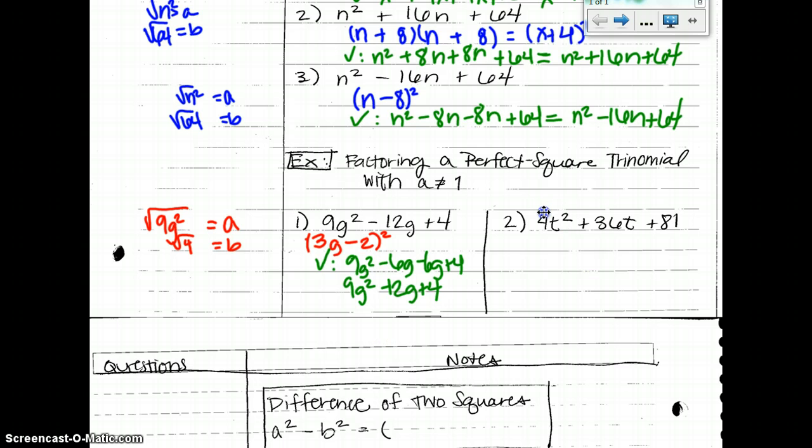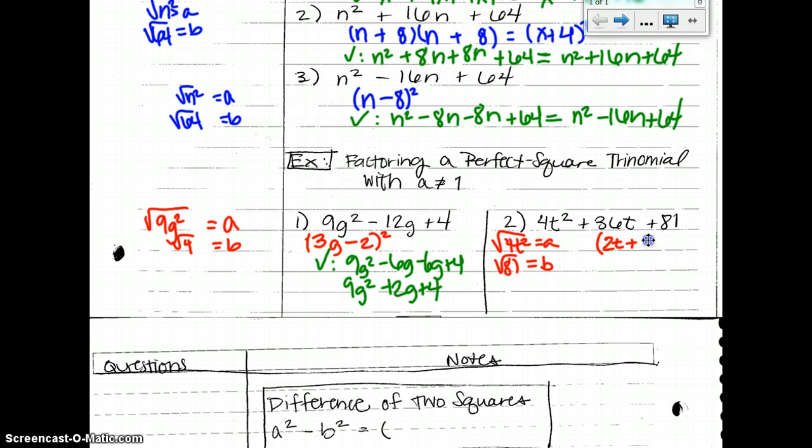Okay, our next example, let's see here. The square root of 4t squared equals our a, and the square root of 81 equals the b. We have addition signs here, so we're going to use that first formula. Square root of 4t squared is 2t.